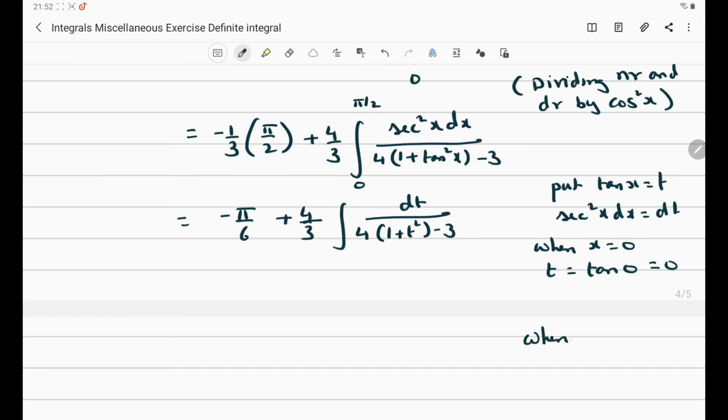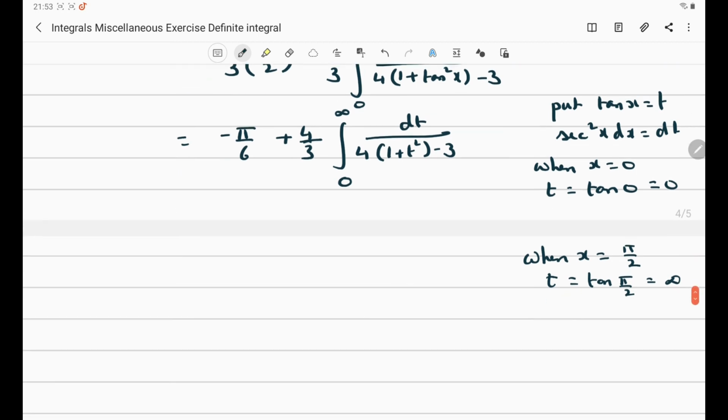When x is equal to pi by 2, t equal to tan pi by 2, that is equal to infinity. So the limits change to 0 to infinity, dt by 4 into 1 plus t square minus 3. So this is equal to minus pi by 6 plus 4 by 3 integral 0 to infinity dt by 4t square plus 1.